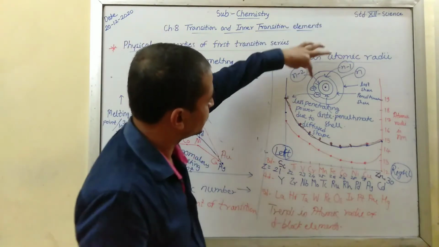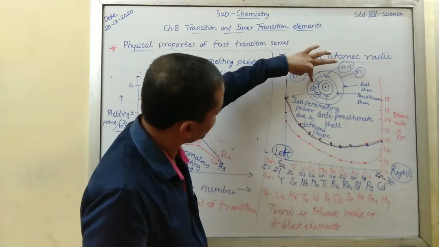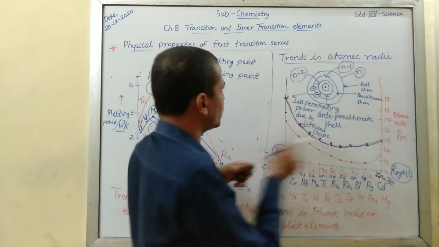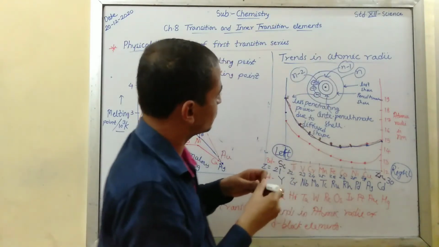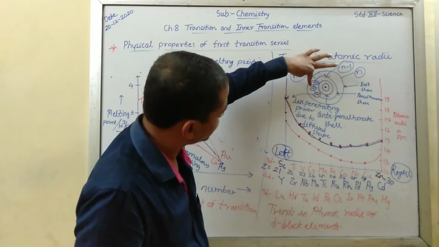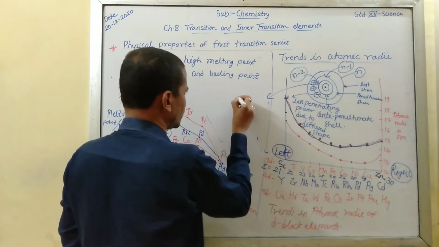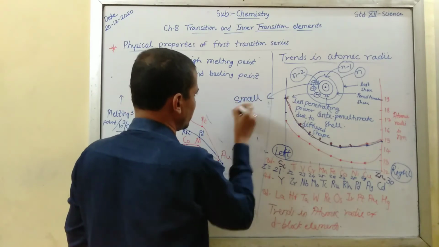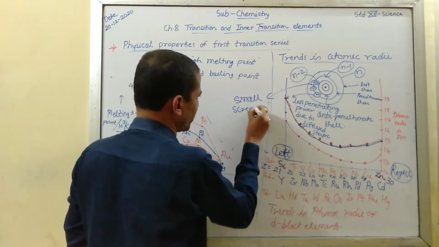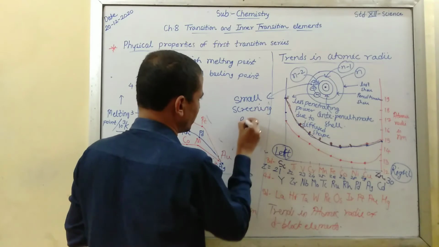And therefore what happens? Nuclear charge increases by 1, and every electron enters here, and this d electron shows small screening effect. Screening effect we have already studied in 11th standard.